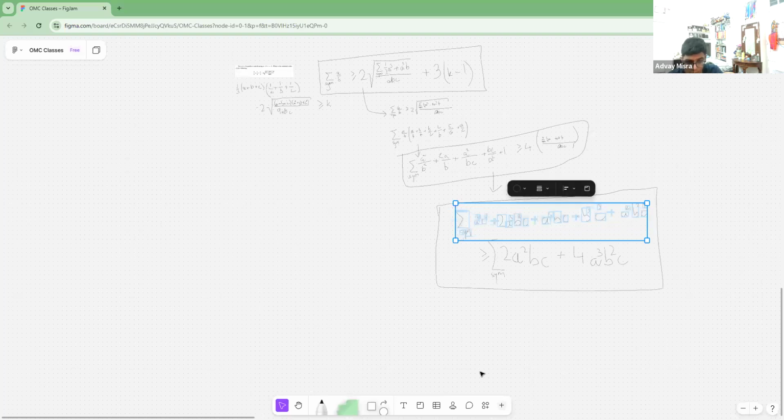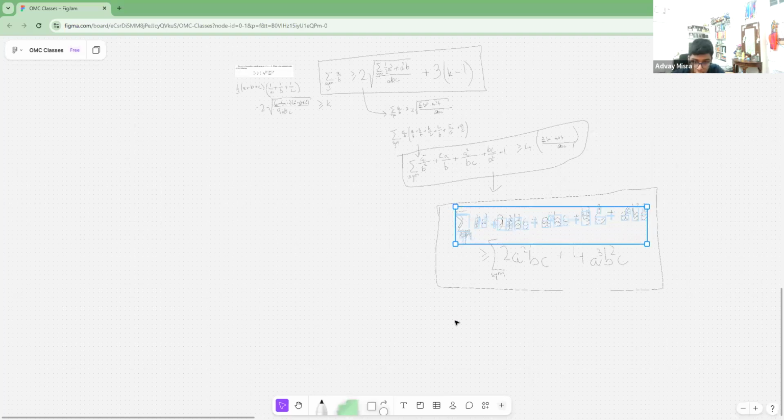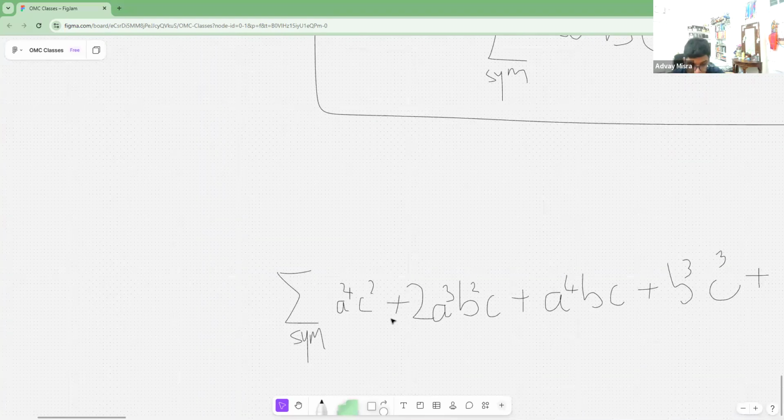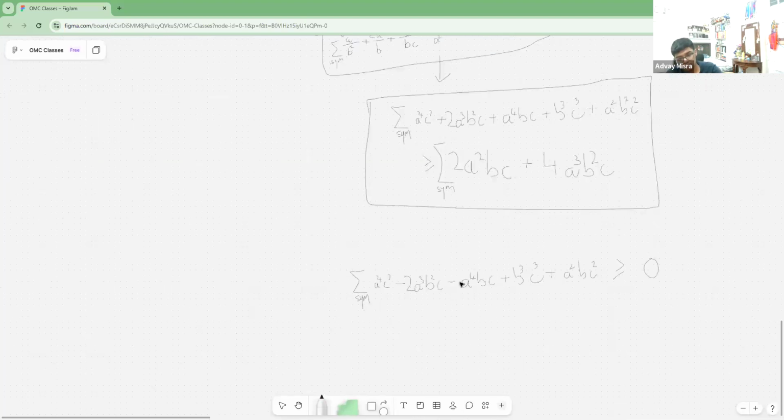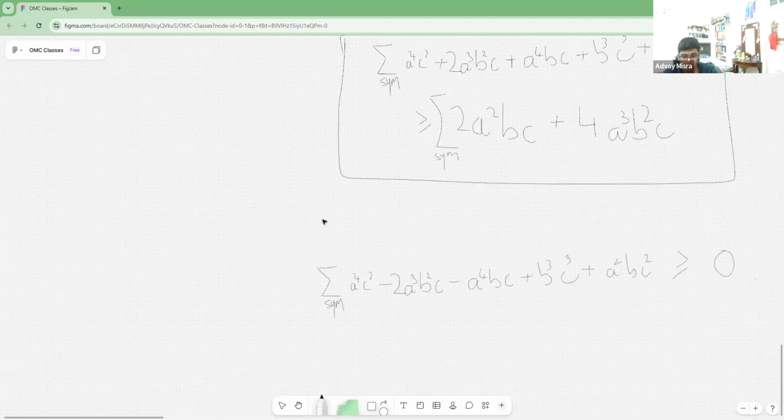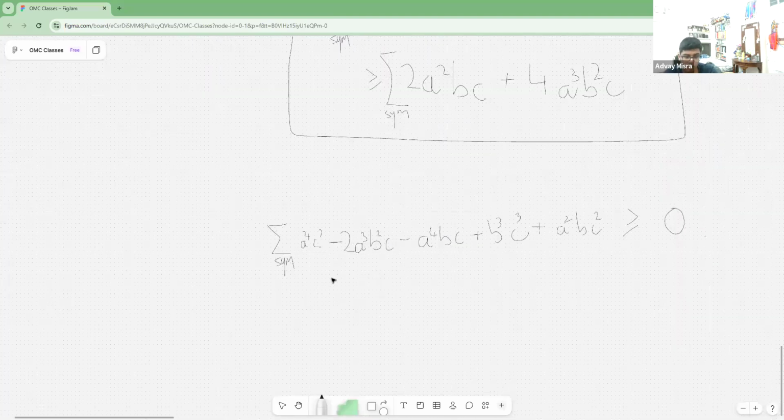So now if we move everything over to the same side, it basically just becomes this. We have to prove this is non-negative. So it is time for the triangle.